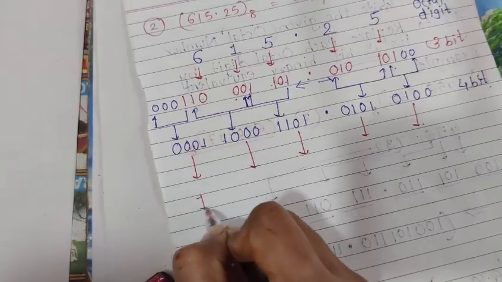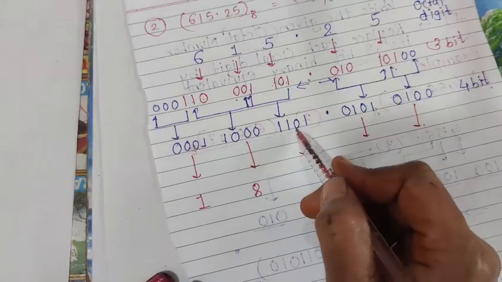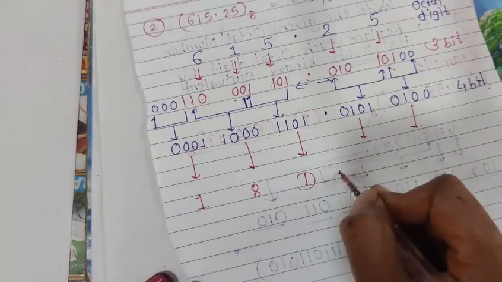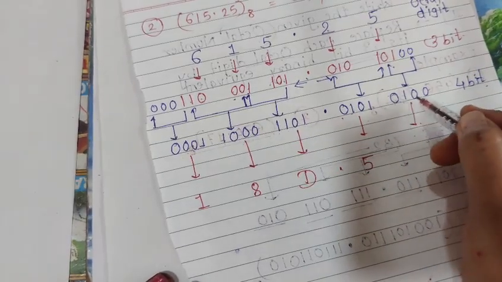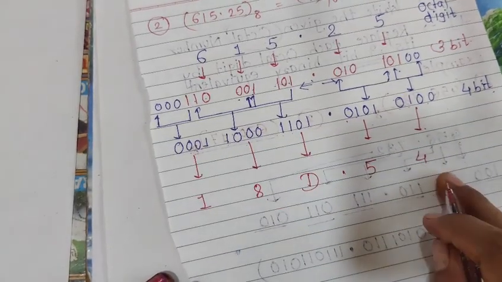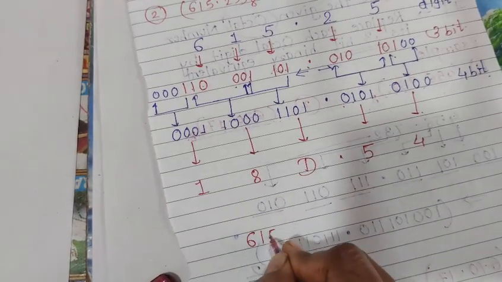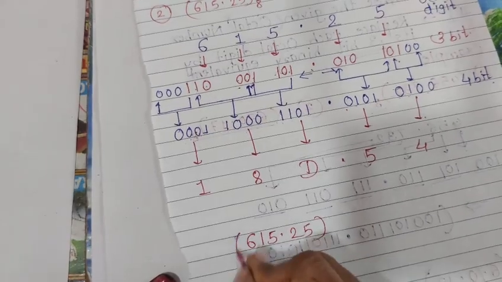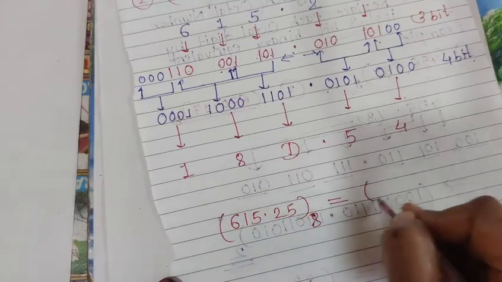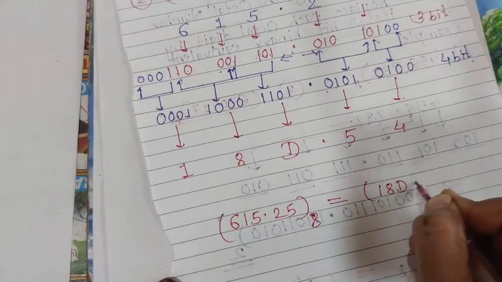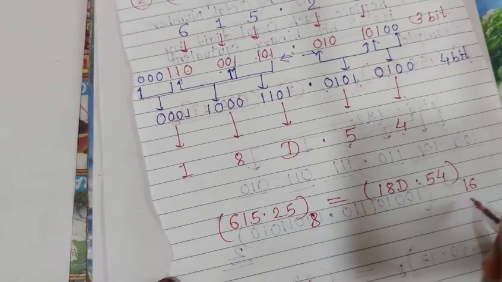It is 1. 1000 is 8. 1101 is D. Point. 0101 is 5, and 0100 is 4. This is the conversion into the hexadecimal number system. So the given number is 615.25 in octal form, and the conversion is 1D8.54. This is the conversion into hexadecimal.